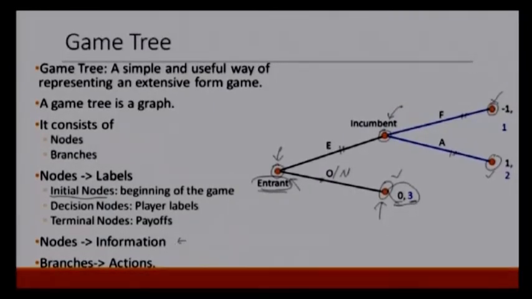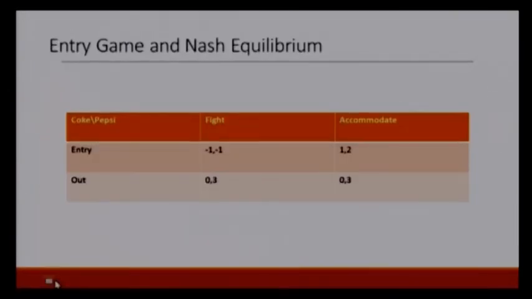And branches are labeled with actions, like this branch is labeled with E. What it says is that when entrant takes action E, then incumbent gets to move. So this branch is labeled with E, that is the action taken by entrant. So, this is the game.